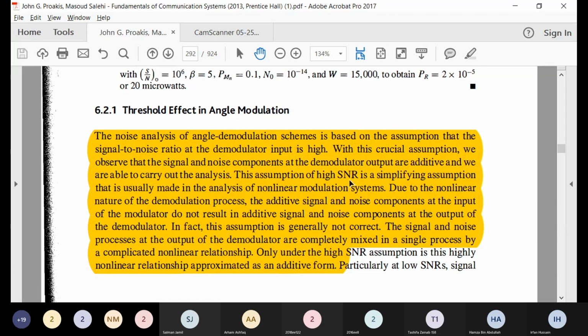But this assumption of high SNR was a simplifying assumption, so that we could simplify the mathematics for non-linear modulation. You know that modulation and demodulation is actually a non-linear process, so we simplified our calculation by using our assumption.